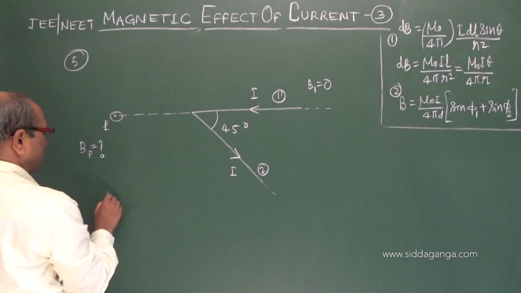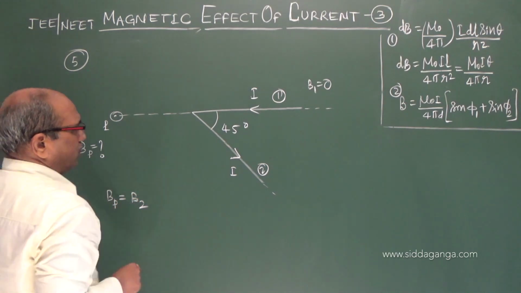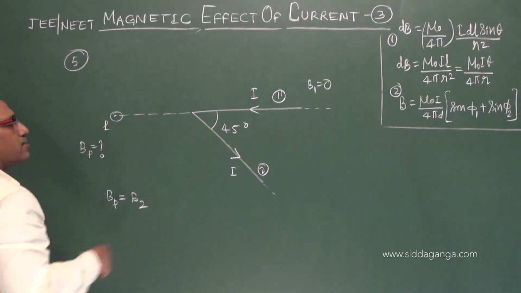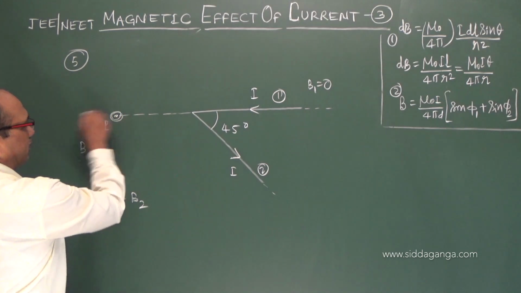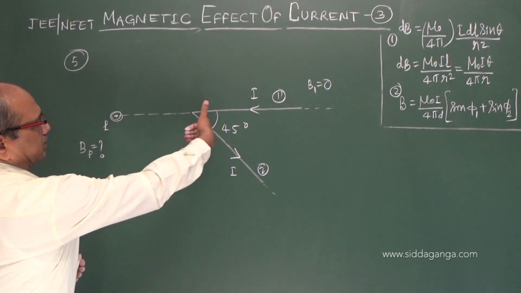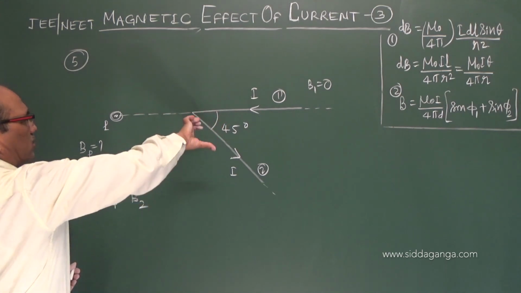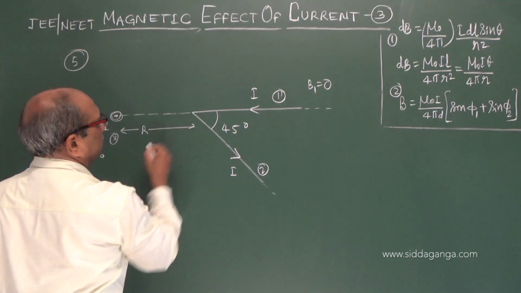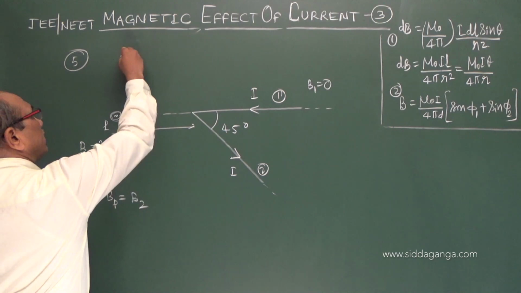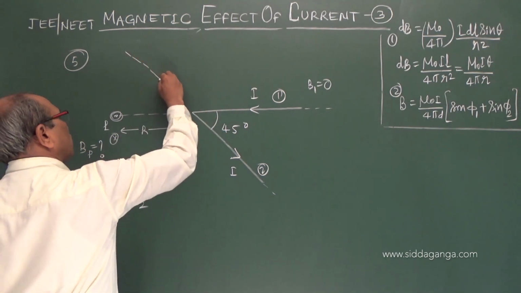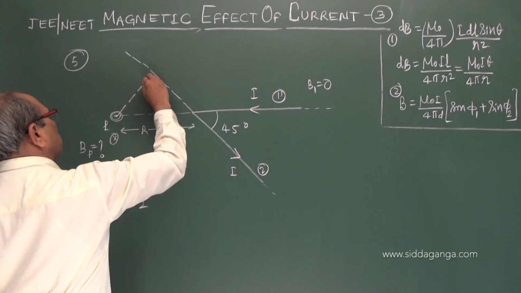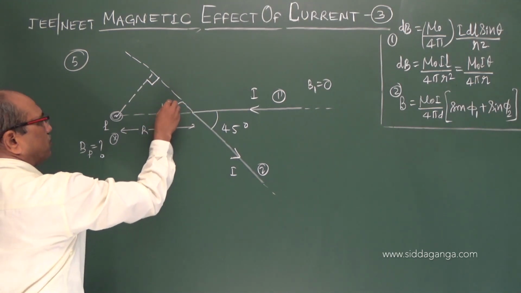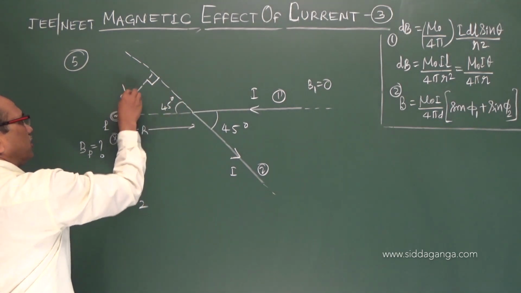BP is nothing but B2 only. As the current is downward, if it is like this or clockwise, the field comes inward, because if it were like this, the field would be outward. Inverse, so it is into the board. And this distance, if this is r given, then extend this to get the value, because we want the perpendicular distance of the wire to the point. This must be 90 degrees. It is 45, therefore this is also 45. It is r, you want d.